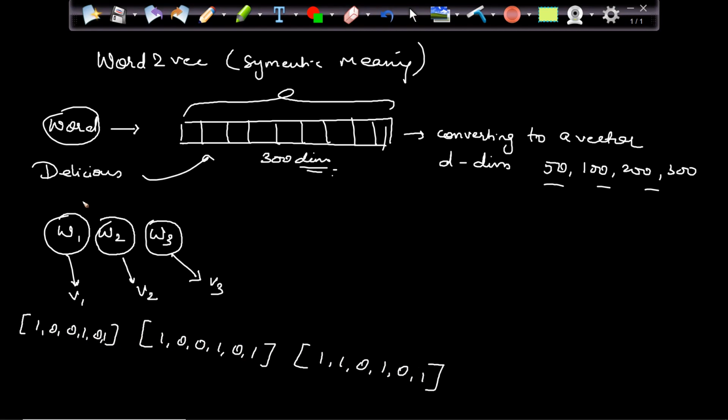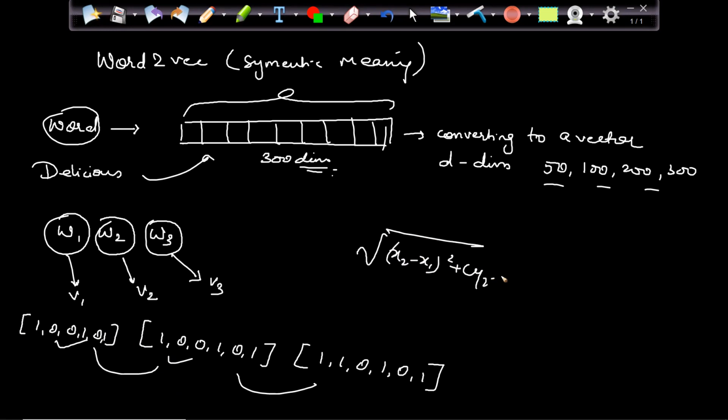And now once I'm converting this word to a vector, I'll try to find the distance between this word and this word. We know the distance formula, right? x2 minus x1 whole square plus y2 minus y1 whole square. That is what we will do here.